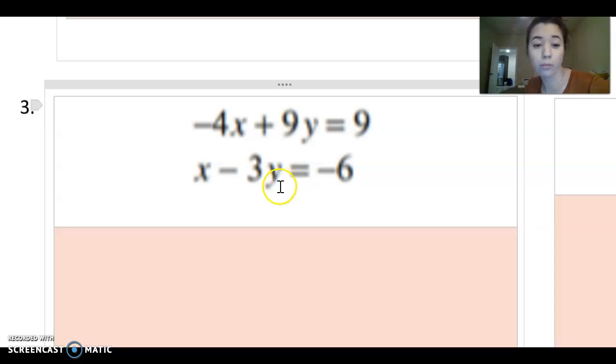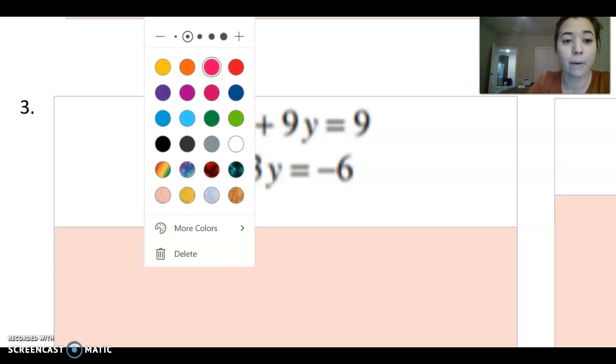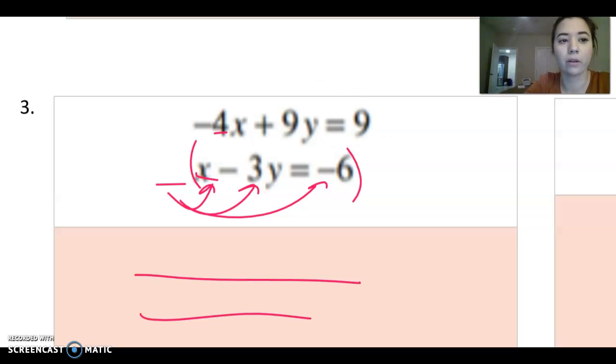Multiply by 4, multiply by 3. So there isn't a wrong choice here, but in this case, it would be the bottom one that you would multiply. Again, it's easier to make the smaller number become a larger number. So this is the one you would multiply by. You would rewrite the top equation down here, and then the new one below it.